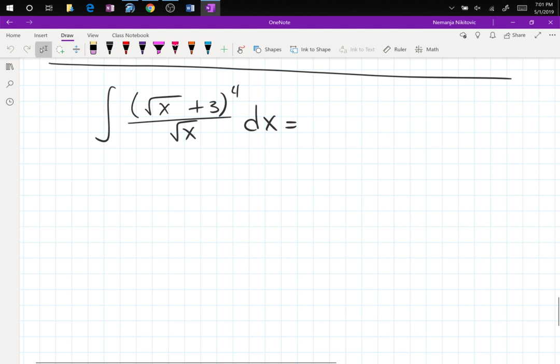So what is the u over here? Square root of x plus 3. Very good. Okay. So now that you know that, if you were stuck at that point, what's the du? 1/2 root x dx.